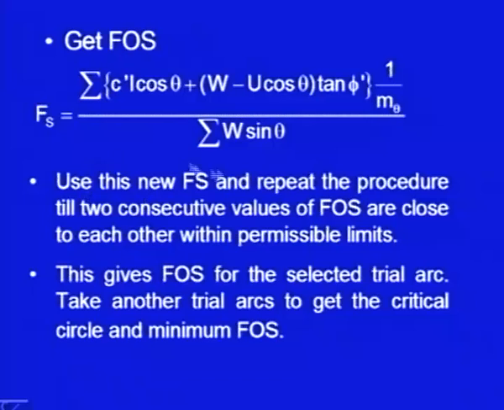And this particular factor of safety is only for that particular selected trial arc. It is not the factor of safety of the slope. We have to now take another trial failure surface, and we have to repeat the entire procedure once again to get the minimum factor of safety and critical failure surface.